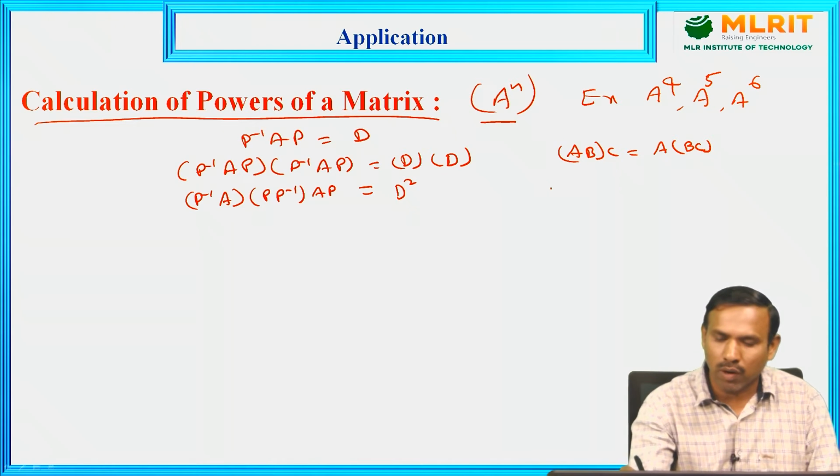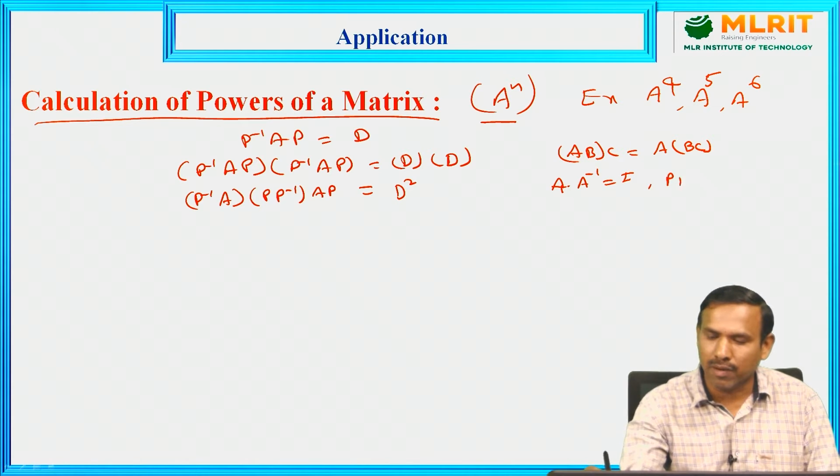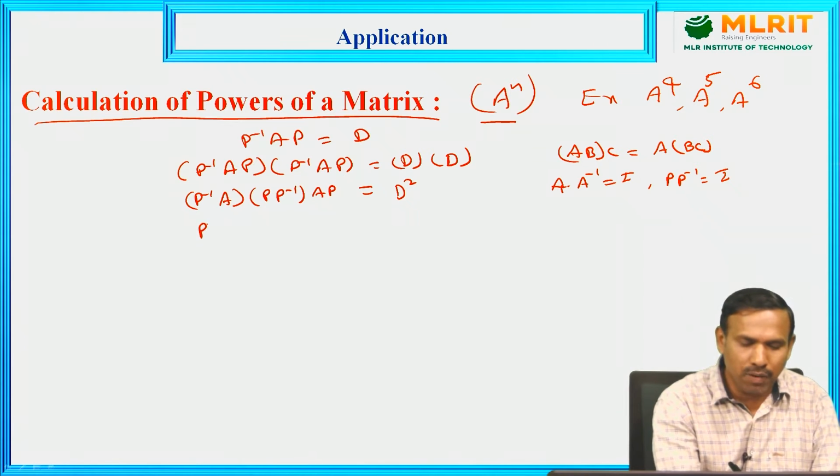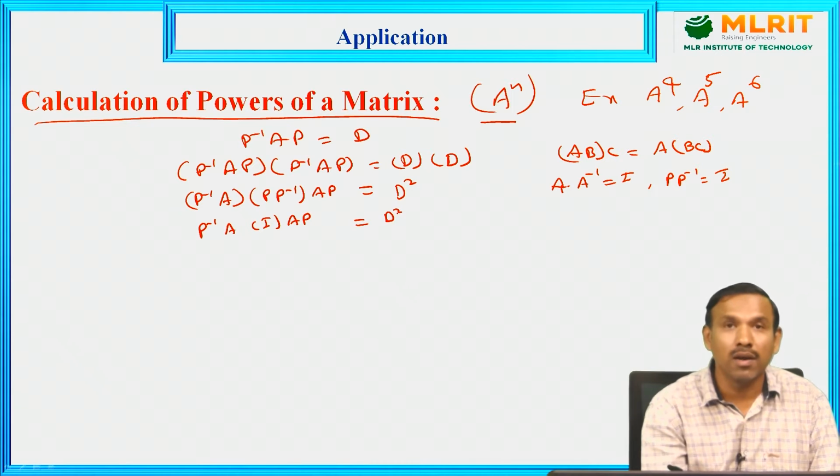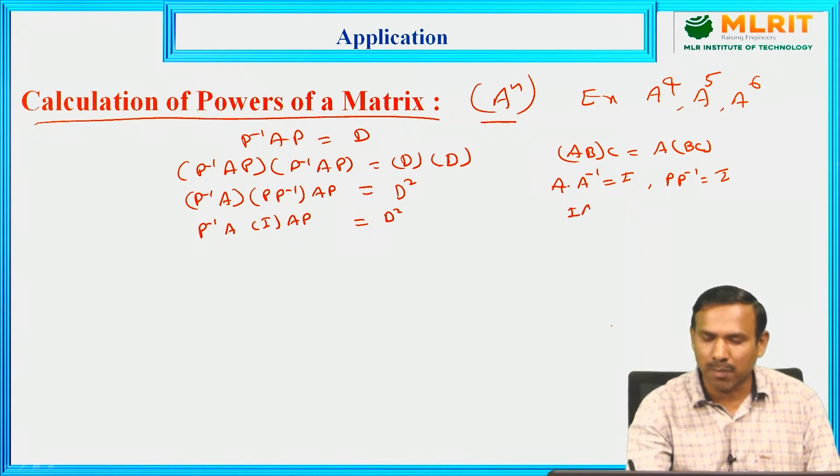Now we know any matrix A into A inverse is equal to I. Similarly P into P inverse is also I. Now P inverse A into I into AP is equal to D square. Again we know any matrix multiplied with the identity matrix gives the same matrix.